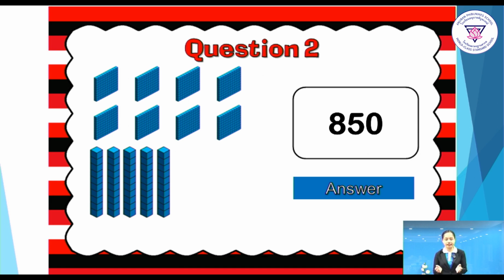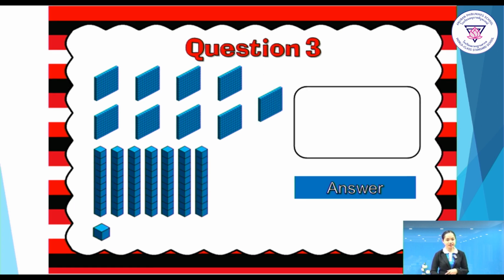How many tens can you see in tens place? And how many counters can you see in ones place? So, the answer is very good. It's 971.